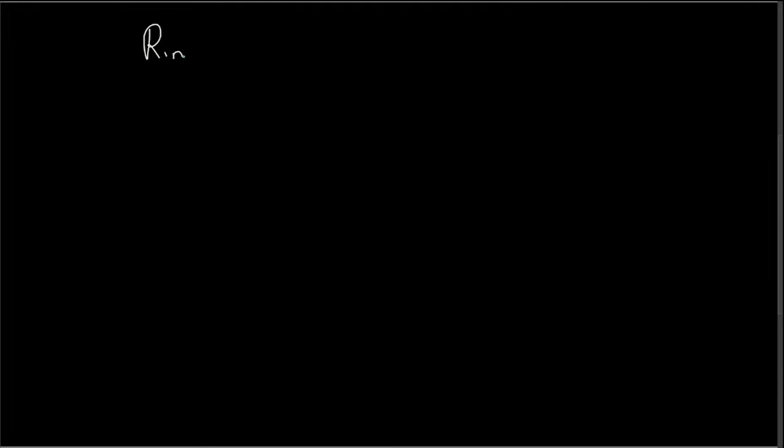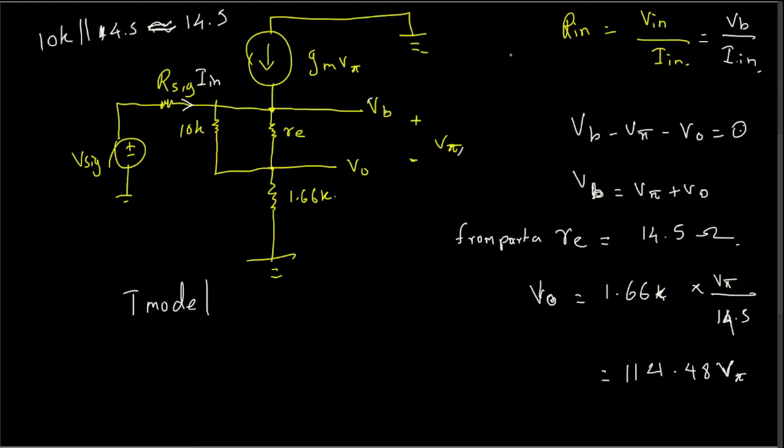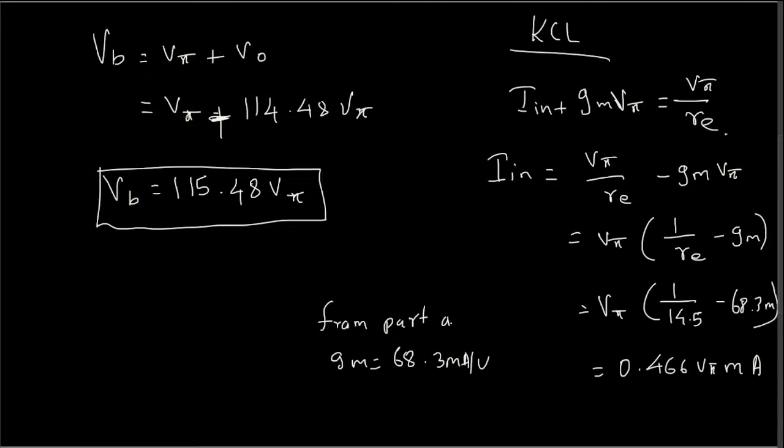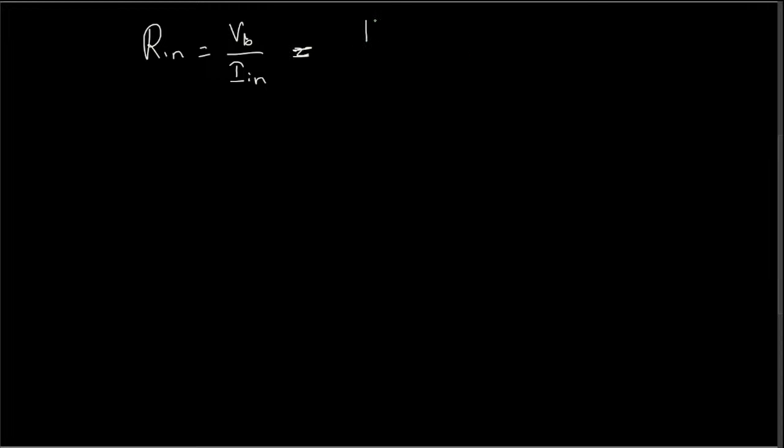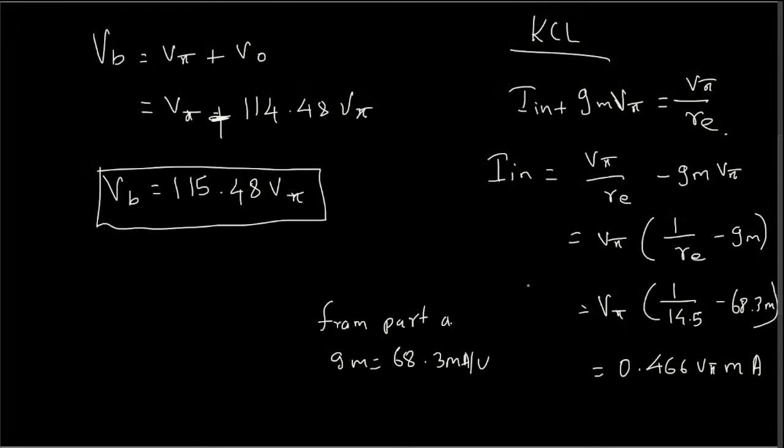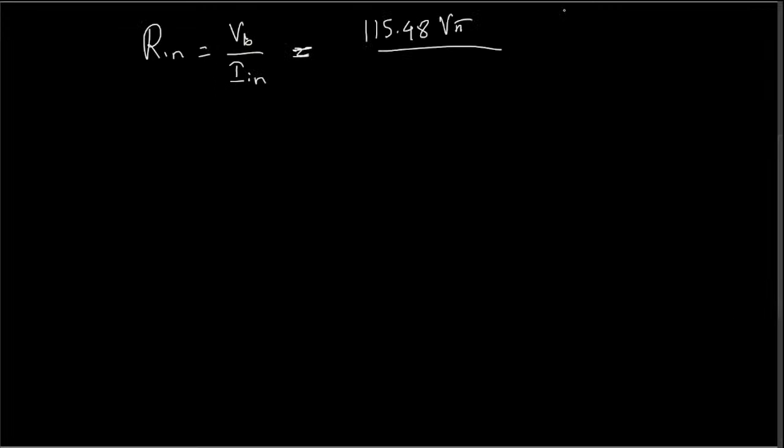I grab the equation, R in is equal to VB divided by input current, and VB we calculated to be 115.48 V5, divided by the input current, that is 0.466 V5 milliampere.